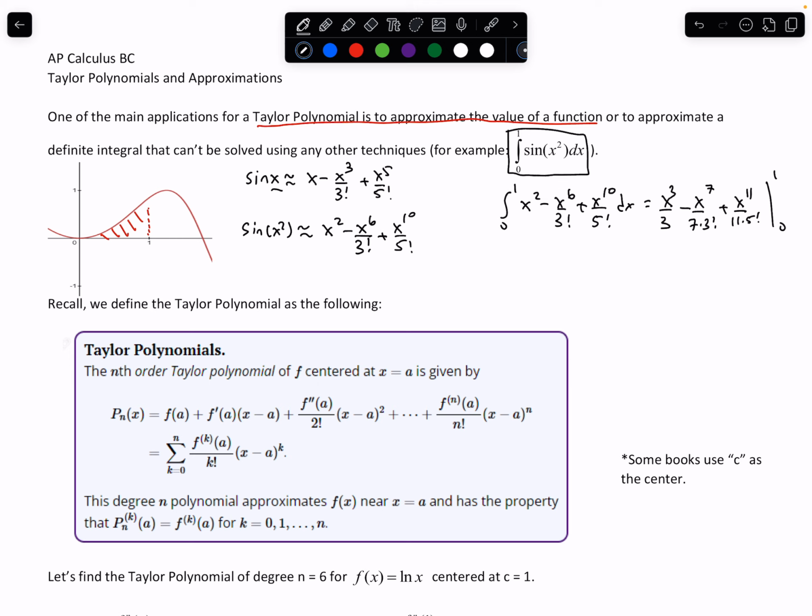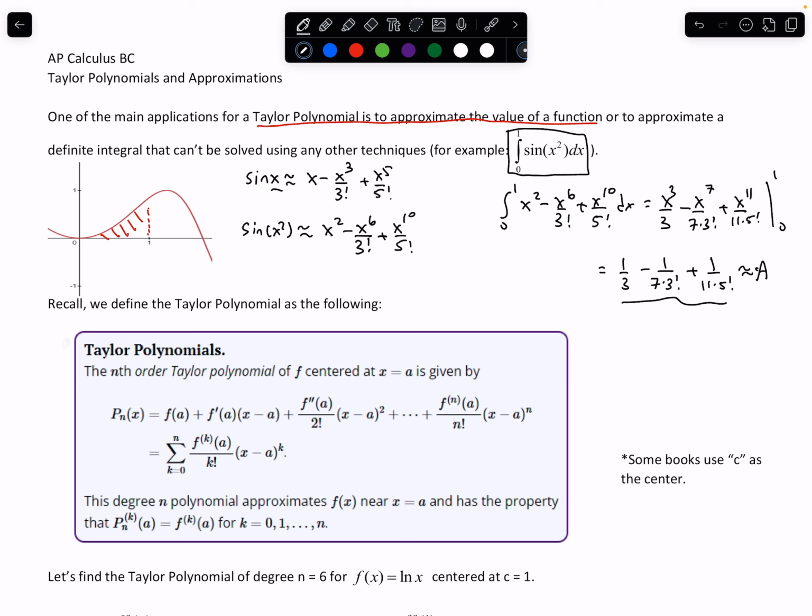Now, using our fundamental theorem, we are not going to worry about the zero, just plug in the 1. And that's going to give us 1/3 minus 1 over 7 times 3 factorial plus 1 over 11 times 5 factorial. And this would be our approximation for the area here.